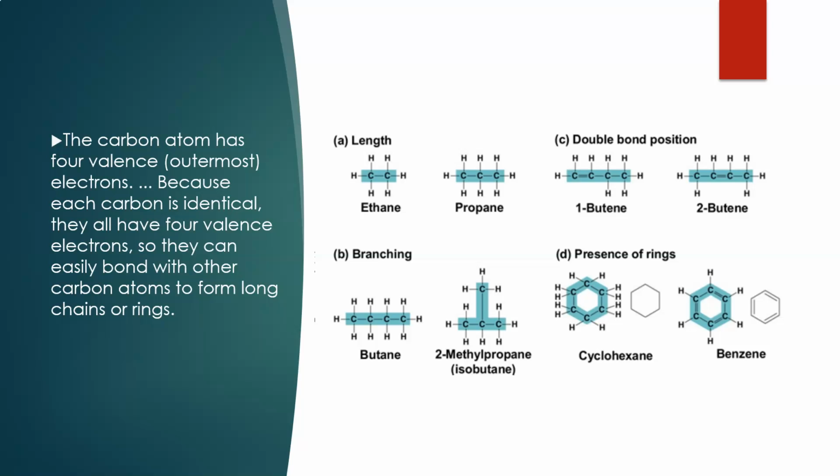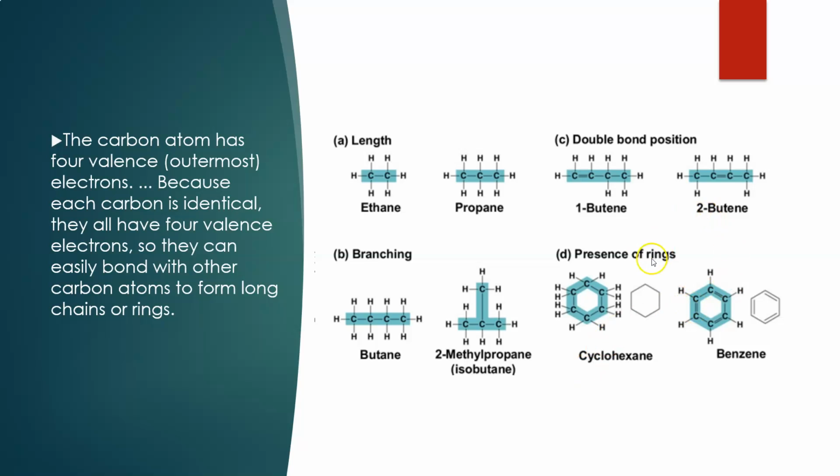The outermost electrons, as you know, because each carbon is equal to the others, they all have 4 valence electrons, so they can easily bond with other carbon atoms to form long chains or rings.